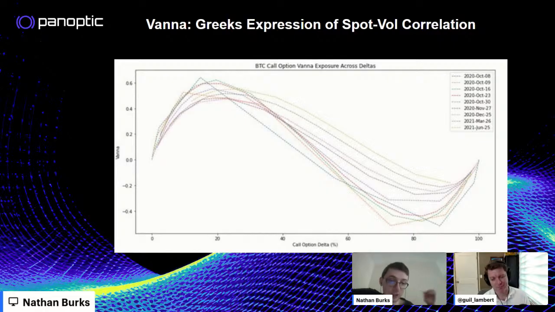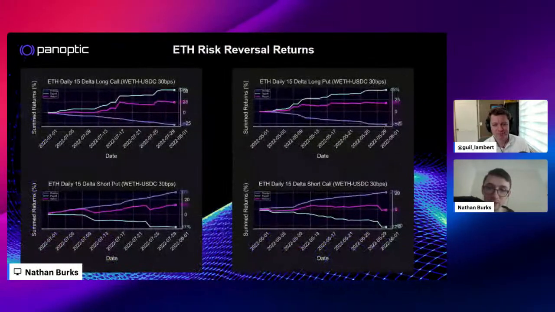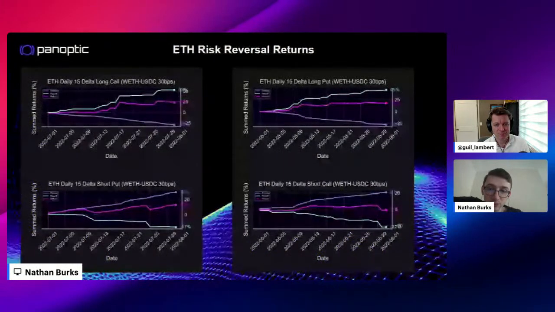A long or positive risk reversal is long the 15 delta call and short the 15 delta put, and the short or negative risk reversal is the opposite. That's what I ran on ETH options in the ETH 30 bips pool.